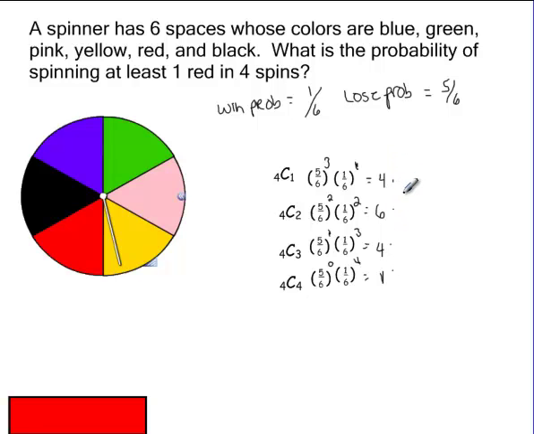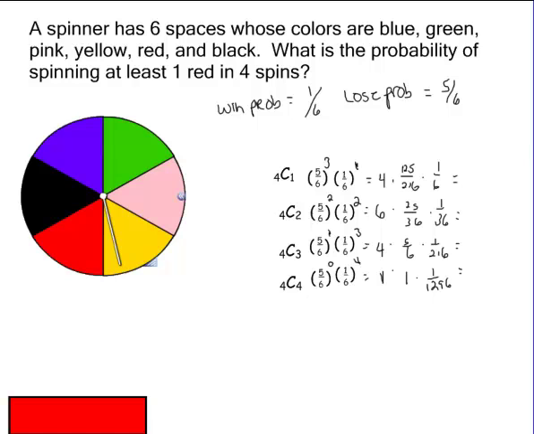I can just figure out the rest of my probabilities. 5/6 to the 3rd power is 125 over 216, 1/6. 25 over 36, 1 over 36. 5/6 to the 1st power, 1/6 to the 3rd power, 1, and 1/6 to the 4th power is 1,296. You should see patterns going on here. If not, we'll talk about them in class tomorrow.